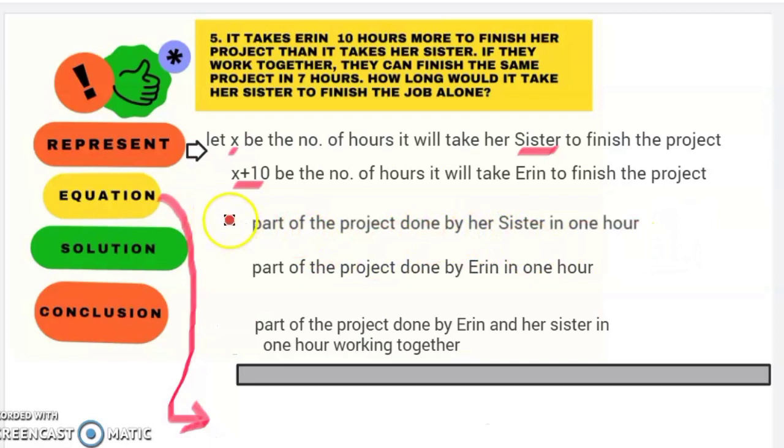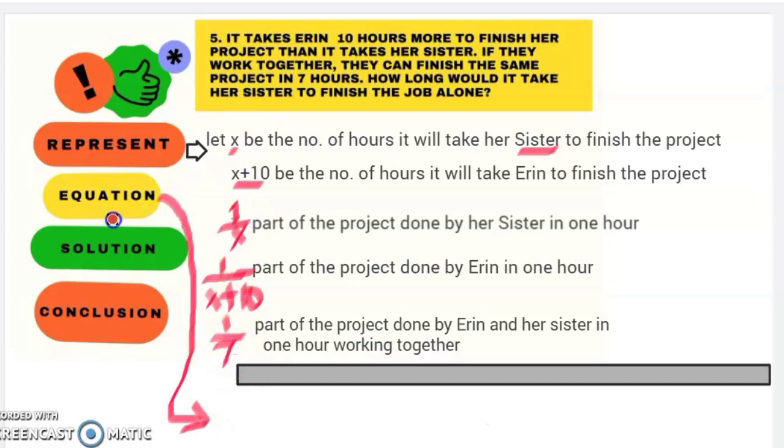So, we can write this as 1 over x. Tama? Yung kay Erin naman, 1 over x plus 10. So, kapag nagtulungan sila, ilang oras? 7. So, 1 over 7.